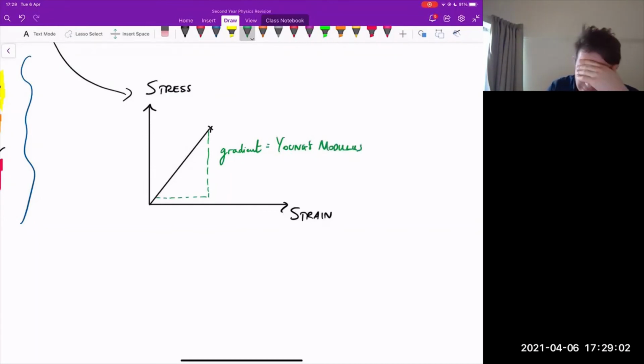Further, the area underneath, so I'll do the area underneath in blue, right? So say we want the area.